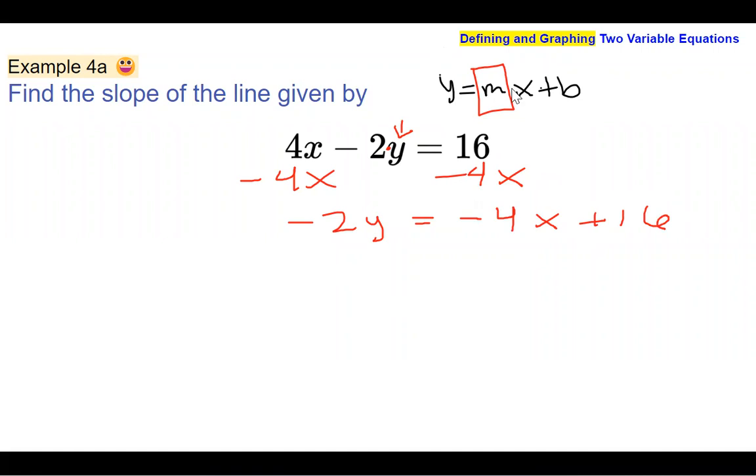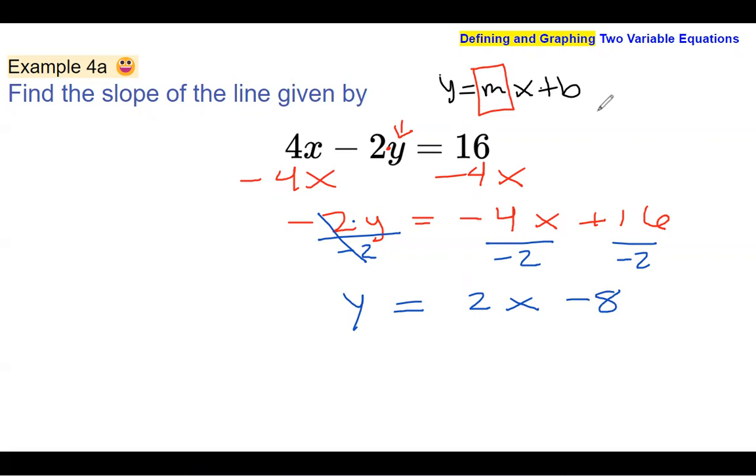My last step is to divide everything by -2, because I want to continue to isolate y. So now I have y equals -4 divided by -2 is positive 2x, and 16 divided by -2 is -8.